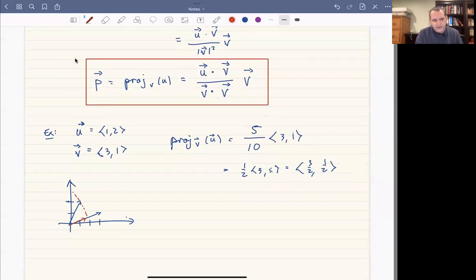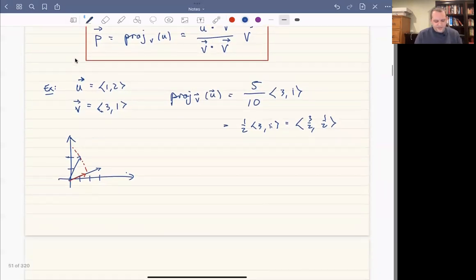Okay, something like that. And again, keep in mind that I can't draw, but that looks roughly the right projection there. Okay, so 3/2, 1/2. And that's the projection.